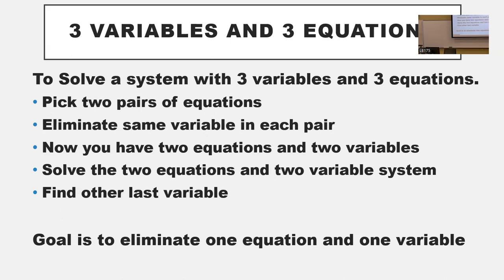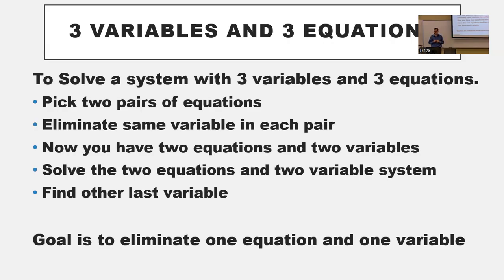So maybe we eliminate x's in each pair, or we eliminate the y's in each pair, or we eliminate the z's in each pair, if it's x, y, z variables. If I do that, what that will have accomplished is gotten me down to 2 equations with 2 variables.